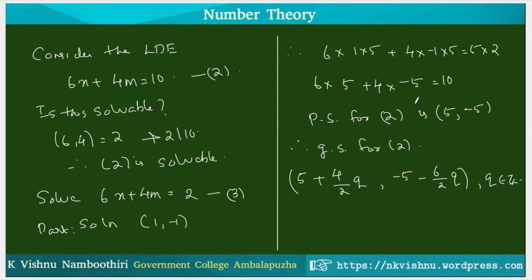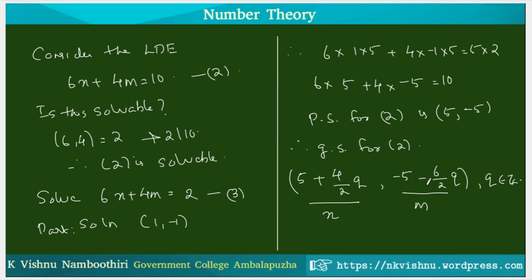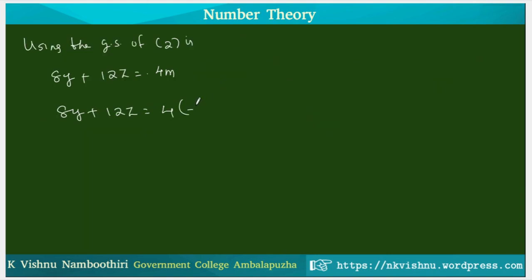We already got the general solution for m. This is m, this is x. So if we substitute it here, 8y plus 12z equal to 4 into minus 5 minus 3q. We'll just simplify this: x is 5 plus 2q, and m is minus 5 minus 3q.